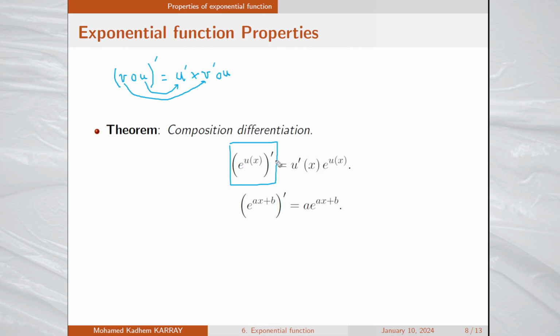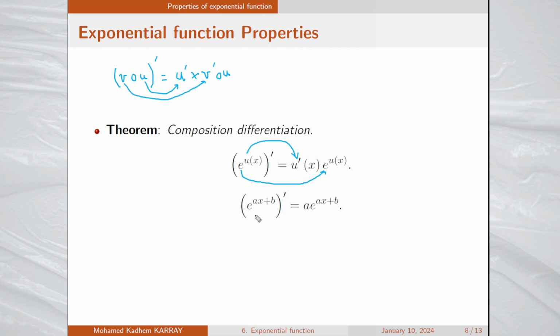As an application of this formula, the derivative of exponential of u will be firstly the derivative of u. So I firstly differentiate the interior function u, which gives u prime, and then I differentiate the exponential, which gives the exponential itself applied to u.